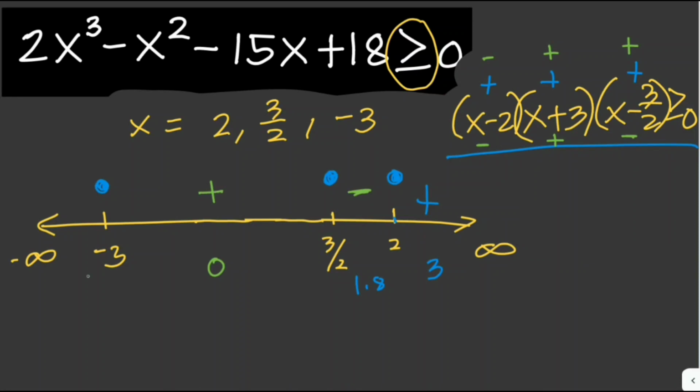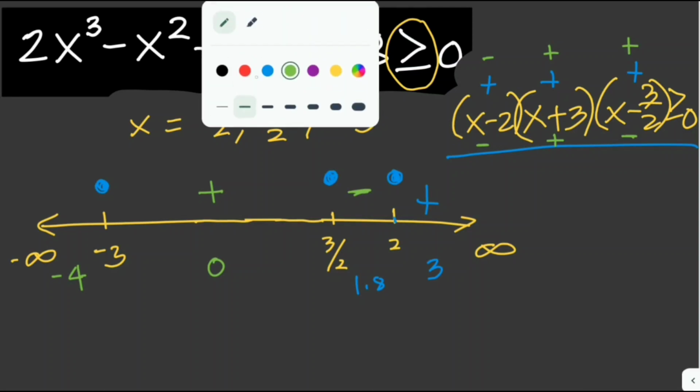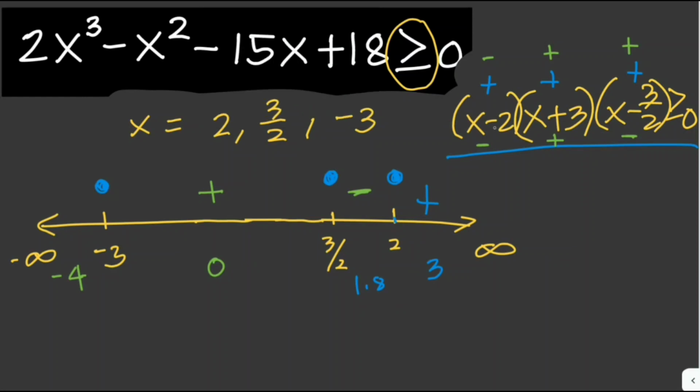And then we try one point between negative 3 and negative infinity. So this is negative 4. We plug in negative 4 here. Negative 4 minus 2, negative. Negative 4 minus 1.5 is negative. Negative 4 plus 3 is negative. So negative times negative is positive. Positive times negative is negative.